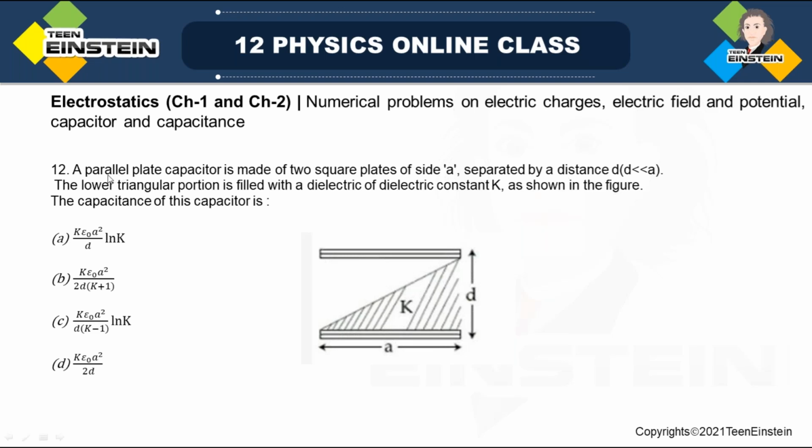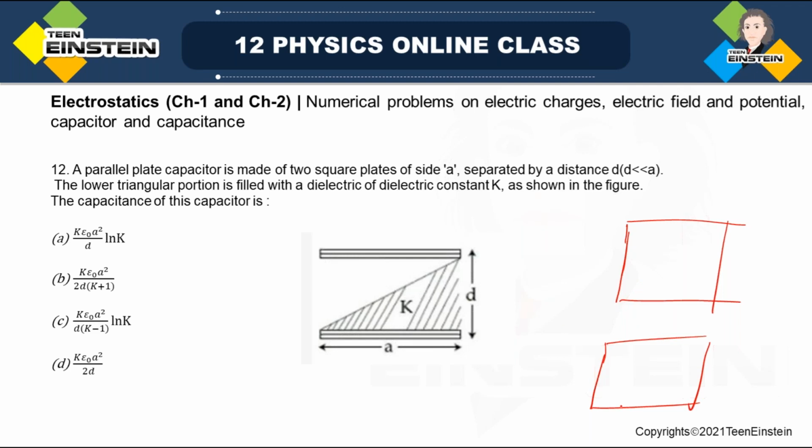This problem states that a parallel plate capacitor is made of two square plates of side A. So there are two square plates situated parallelly, as you know, to make a parallel plate capacitor like this.